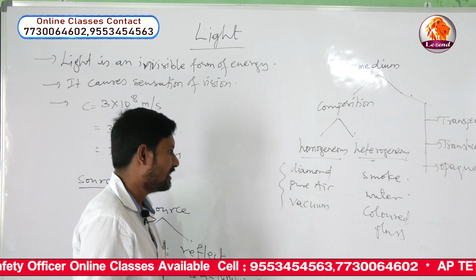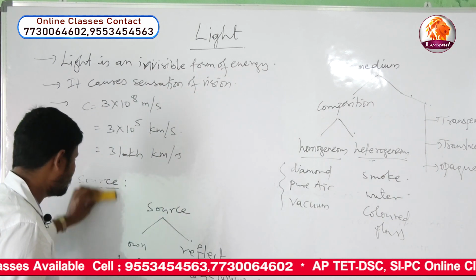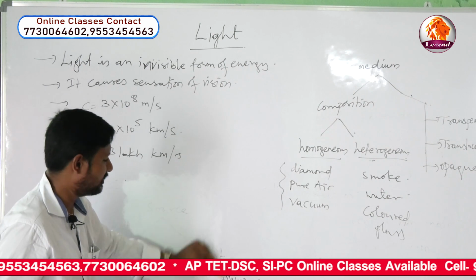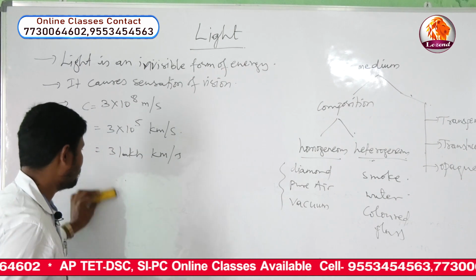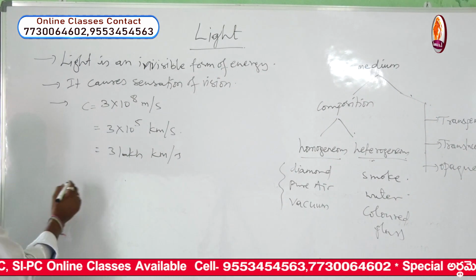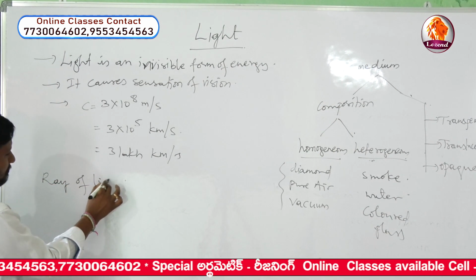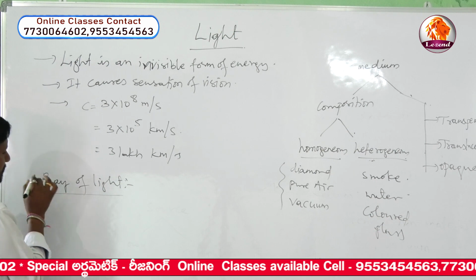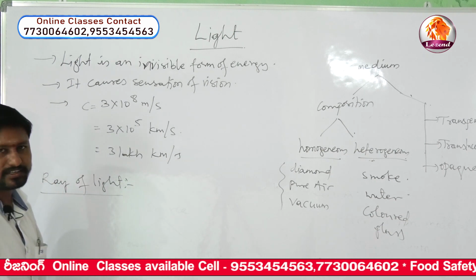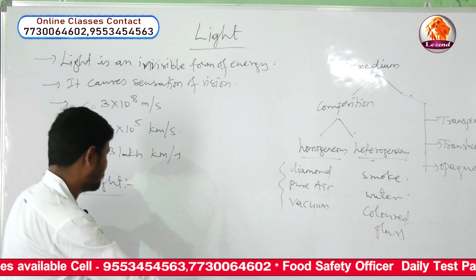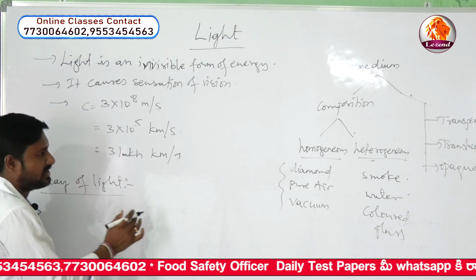And the next important terminology we use in this light chapter to enter into our actual topic is ray of light. What do we mean by ray of light? The light we get from a source.